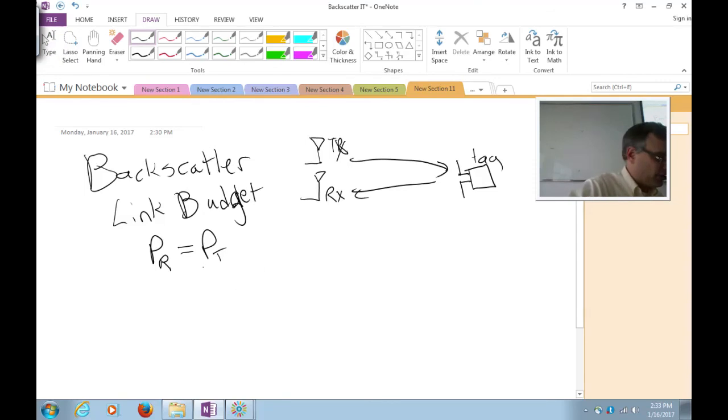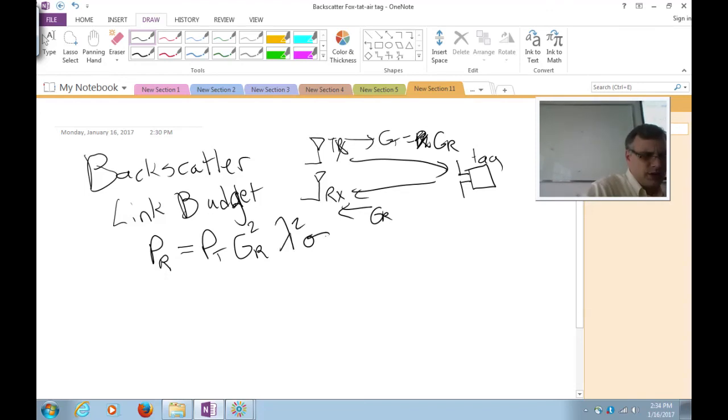So you start with the radar equation, which looks like this. I'm just going to assume that we've got two antennas with similar gain, in that direction. Lambda squared, RCS.